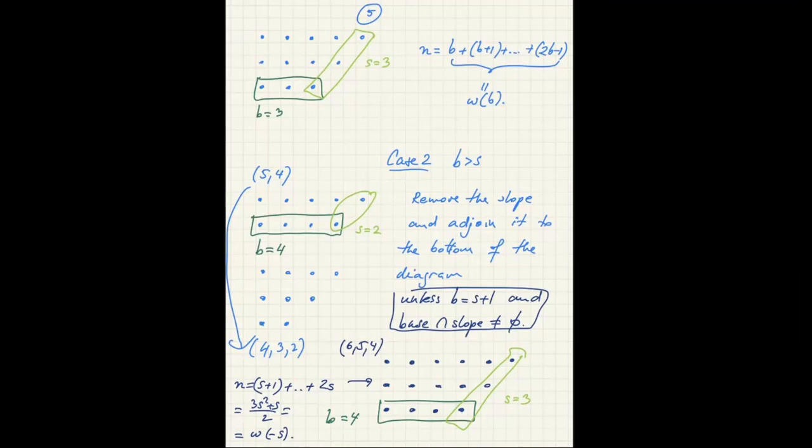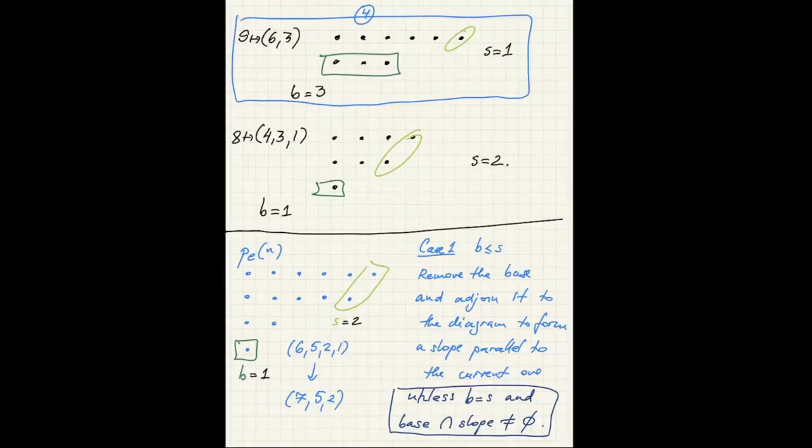So again, in the cases where n doesn't equal omega of minus m or omega of m, when n is not a triangular number, then we have a bijective correspondence.